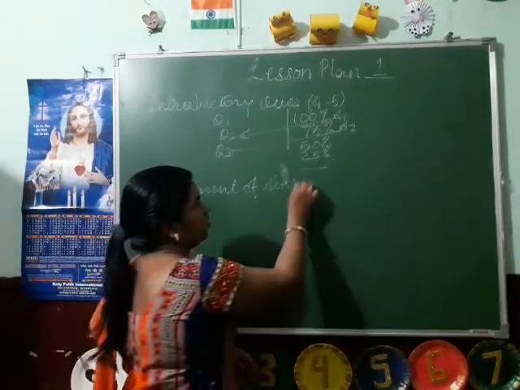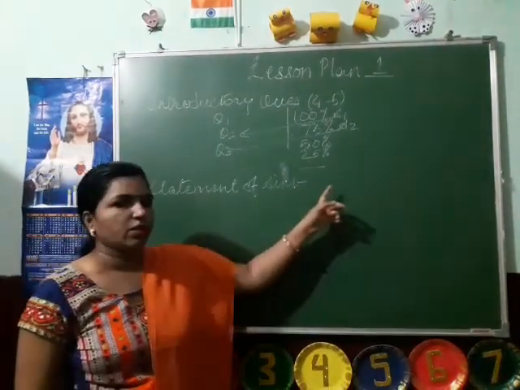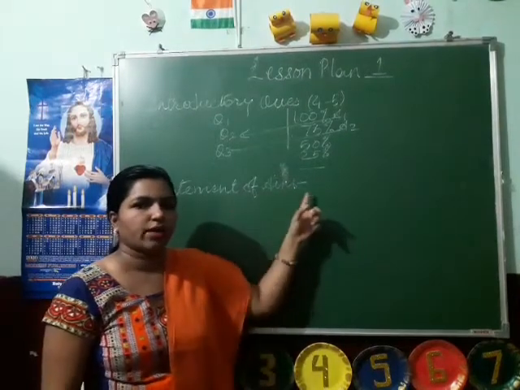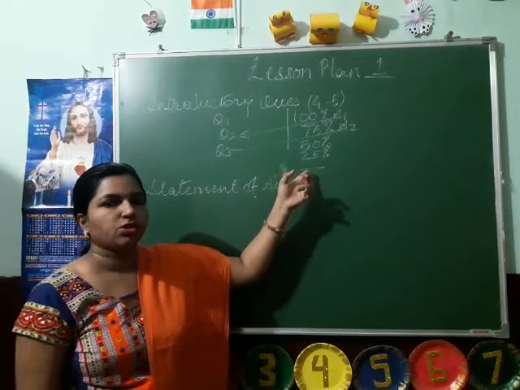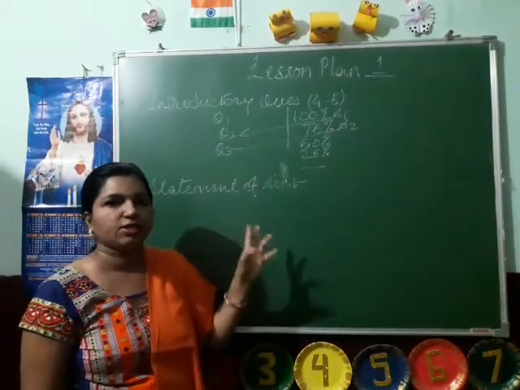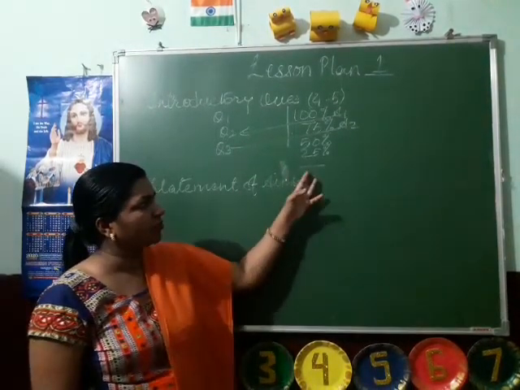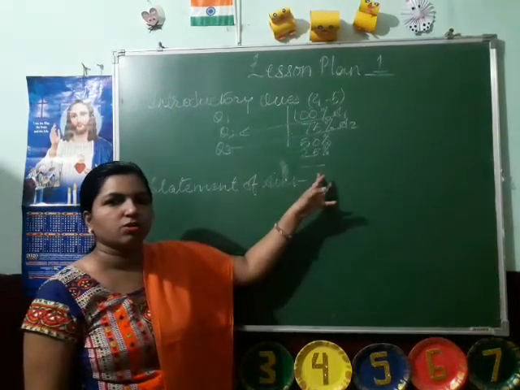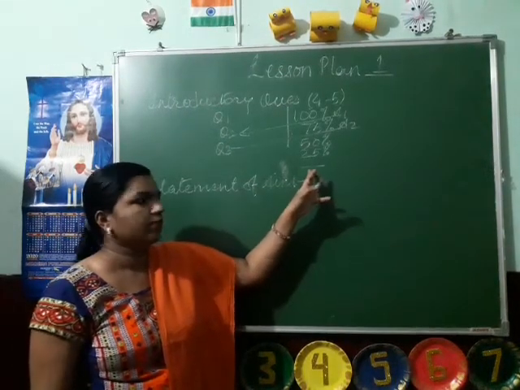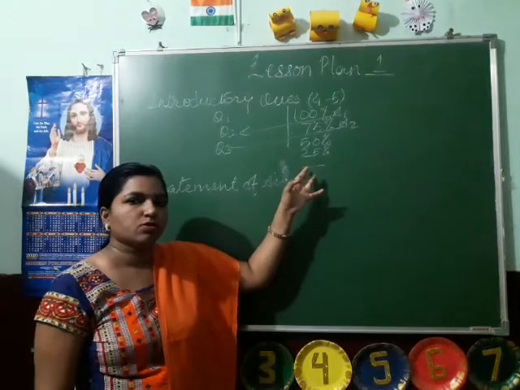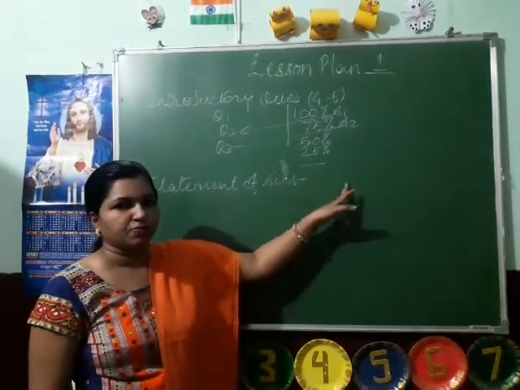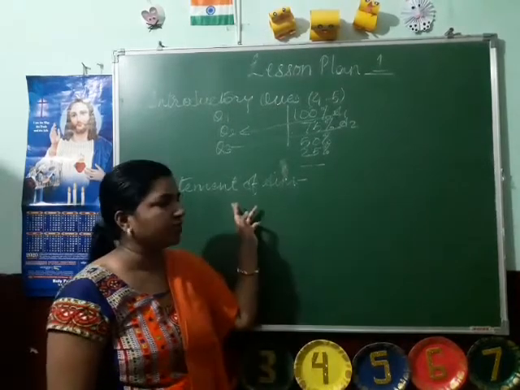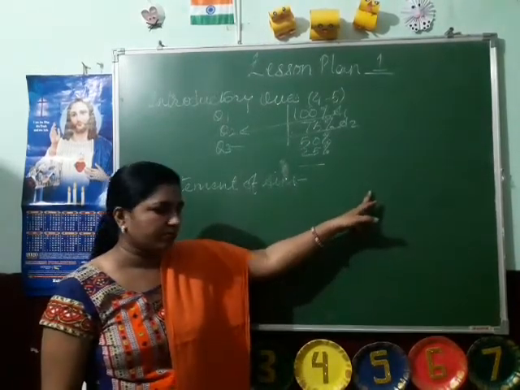So here you have to write, today students we are going to learn that trees also have life. Your last question should be that tricky or difficult type of question that the students should not be able to answer. If 1 or 2 students answer, it's no problem, but most of the students should not be able to answer. And after that you state your aim. Today we are going to study that trees also have life.